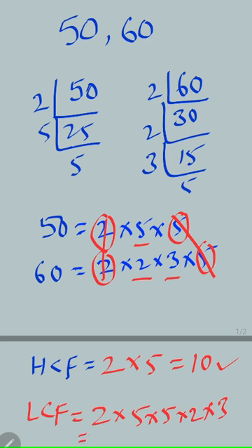If we multiply all these numbers, 2 fives are 10, here also 2 fives are 10, 10 tens are 100, 100 threes are 300. 300 is the LCM. So in this way we can find the HCF and LCM of the given numbers by using prime factorization.